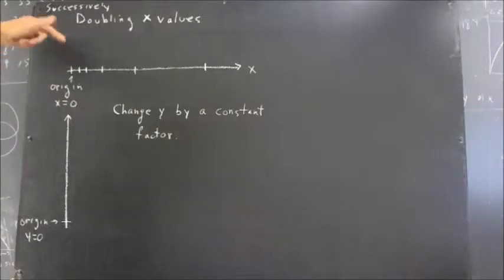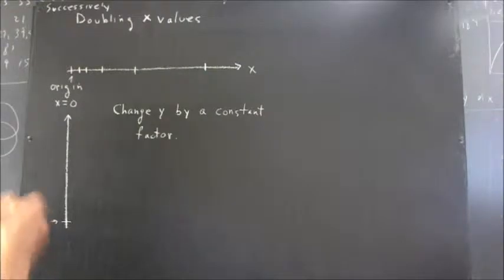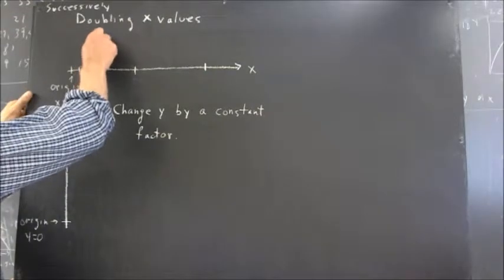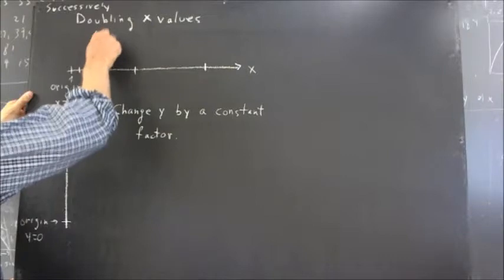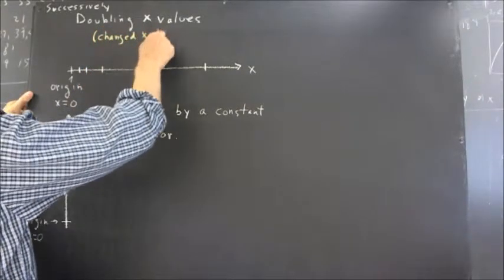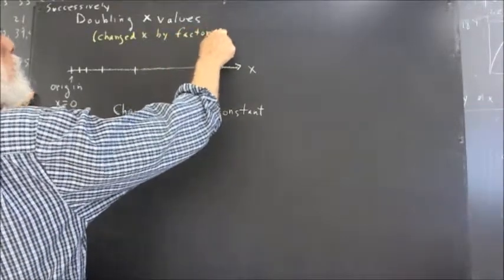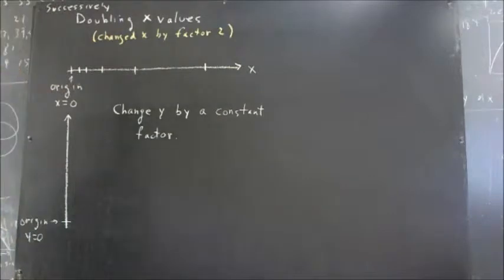Okay? So when we doubled x values, we changed x by a factor 2. So I'm going to write up here: we changed x by factor 2 at every step.